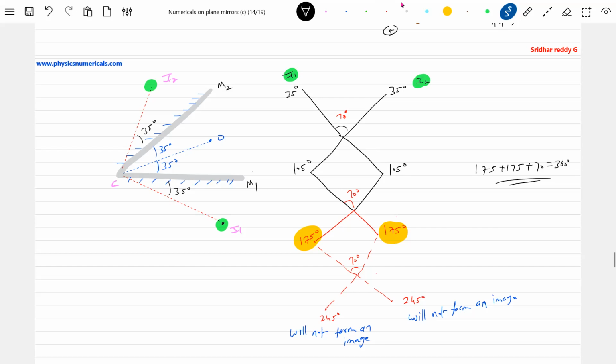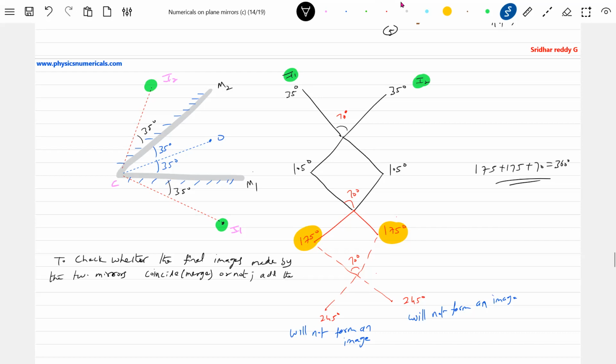To check whether final images made by two mirrors coincide or merge or not, what should we do?